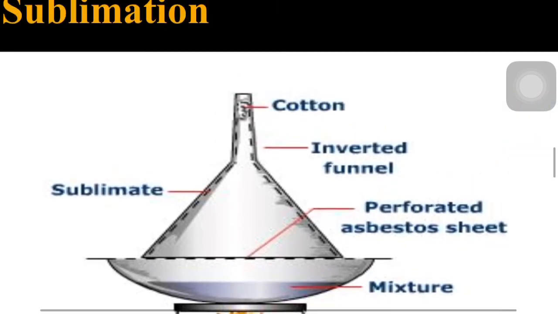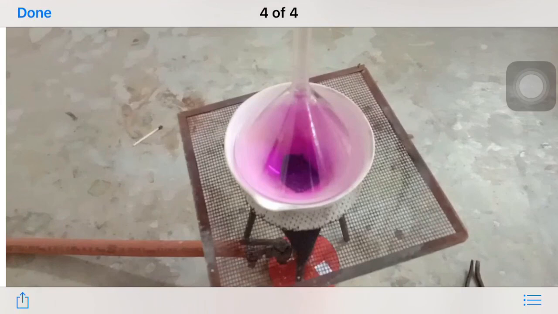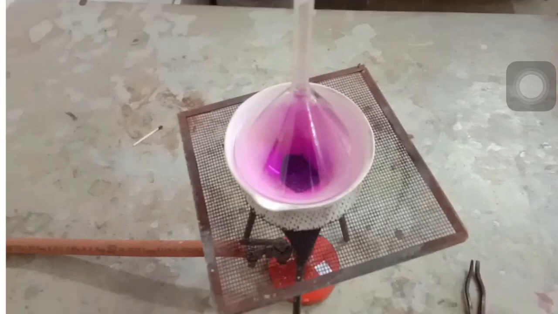In this way the process of sublimation occurs. As you can see, iodine is purple in color and sticks to the funnel, and the impurities are left behind in the container.